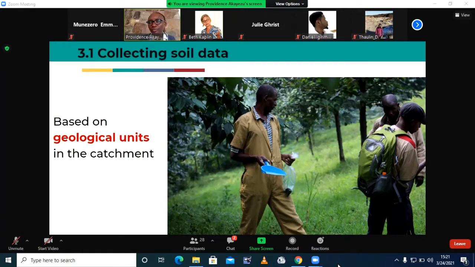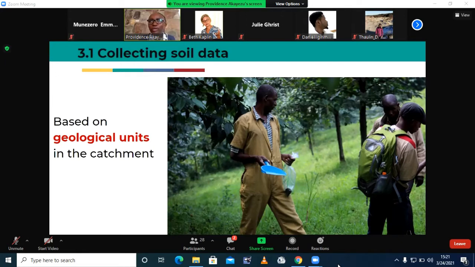So we understand that this soil in the river comes from somewhere in the catchment. This soil is transported through different water flowing during the rainfall, and this is very connected to the soil movement. So we collected the soil data, and the soil data were collected following the geological units.